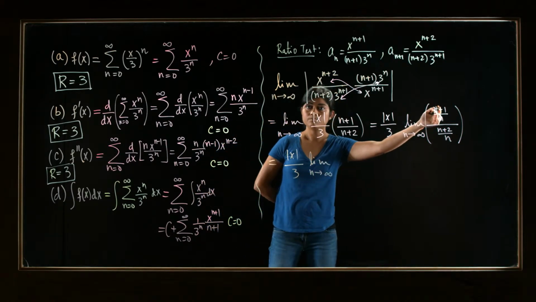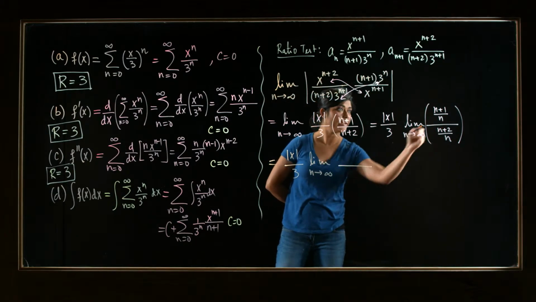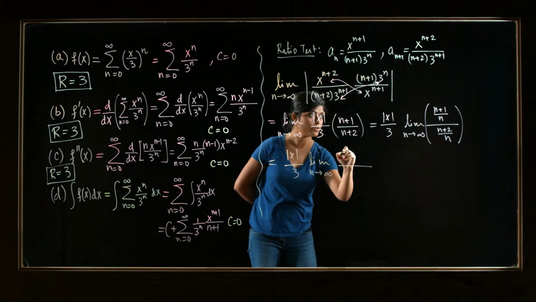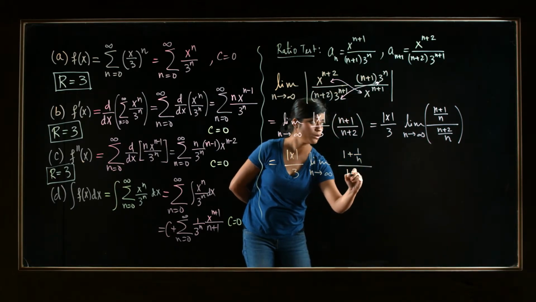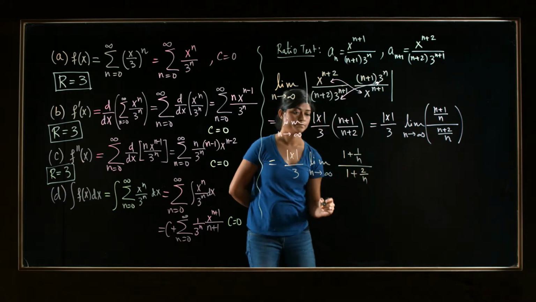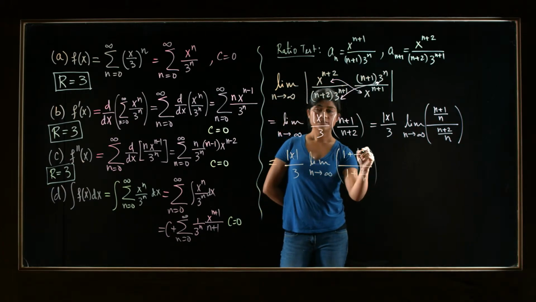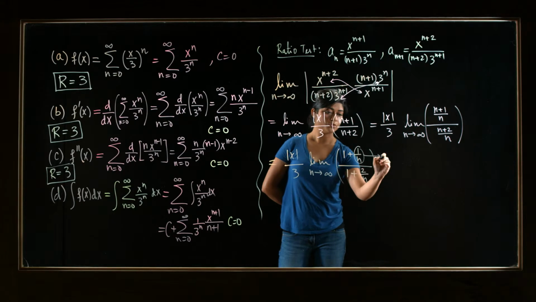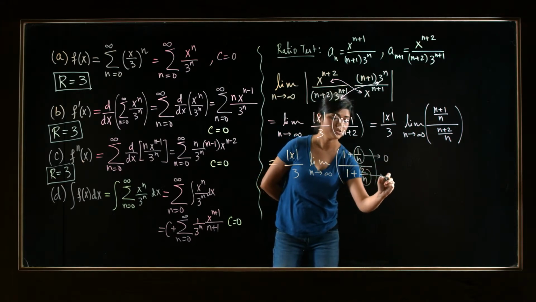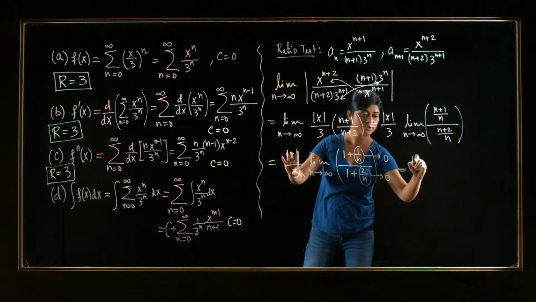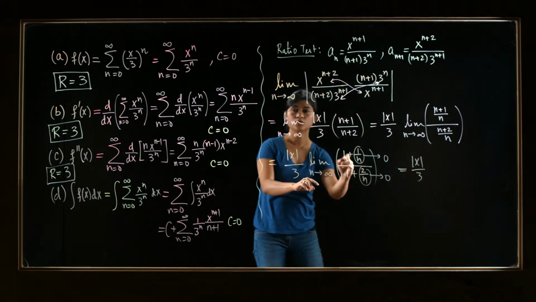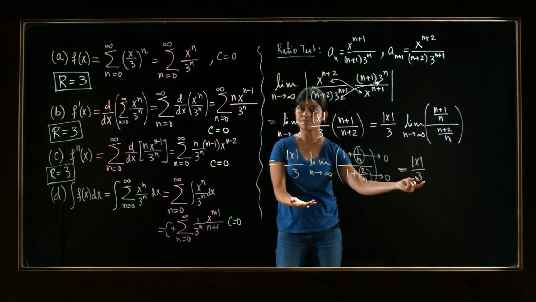Same technique as before: divide both of these terms by n. So you get 1 plus 1 over n in the numerator, and in the denominator n over n is 1 plus 2 over n. And we know that 1 over n will approach 0 as n goes to infinity. So the limit is the constant absolute x over 3 times 1, which is just absolute x over 3.